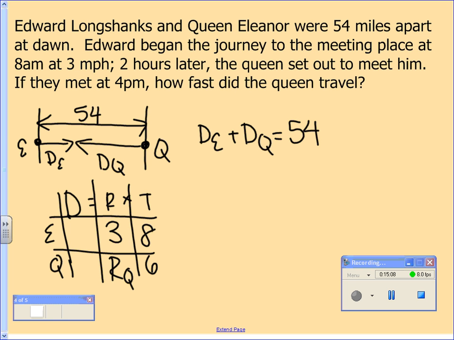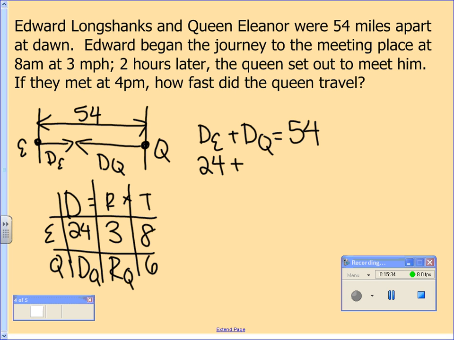I didn't fill in the distances because can we find the distance of Edward right now? Distance equals rate times time. What is his distance? Does that make sense? We still don't know the distance of the queen yet. But do you see how we know Edward's distance right now? So what is the distance of Edward? 24.